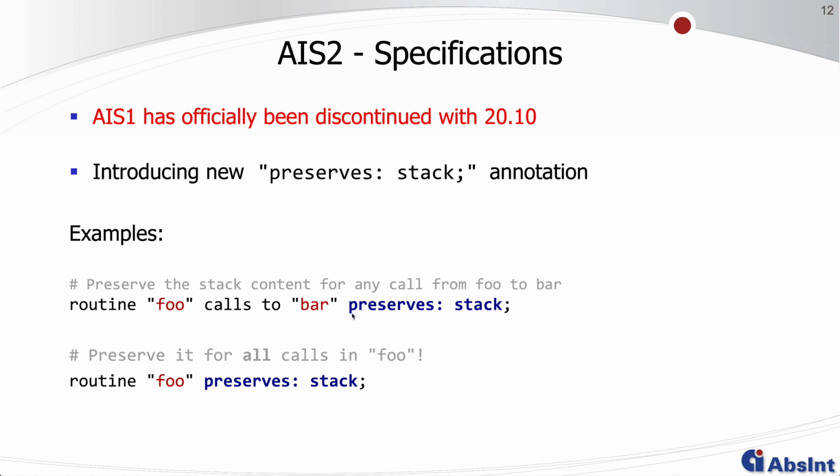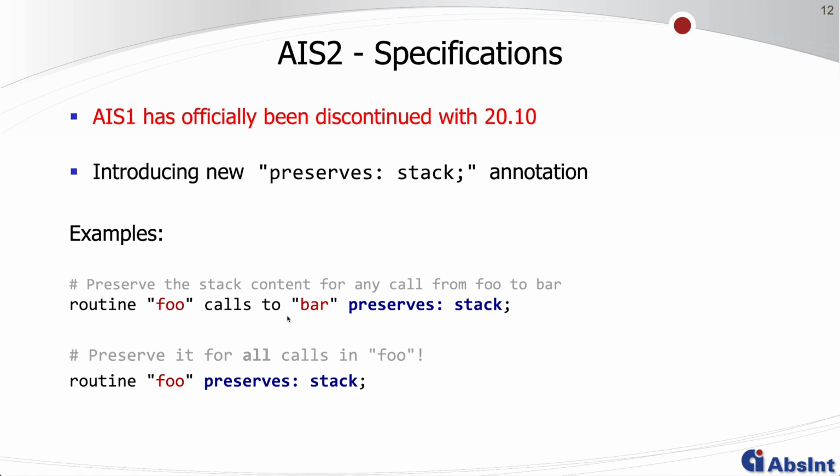That means when you return from that complex function bar, and when there was such an unknown memory write access, then also the local variable information of foo has gone afterwards. Now with this annotation, the user can claim that the called routine bar, in this case, preserves at least the stack cells of foo.